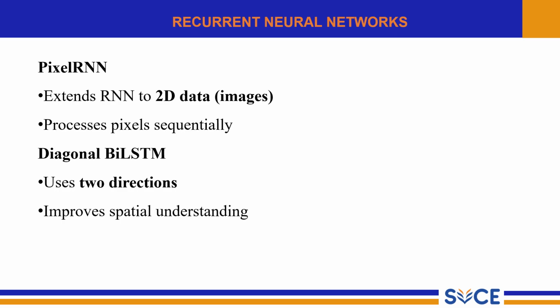Each pixel is influenced by a richer set of neighboring pixels, allowing the model to better understand spatial relationships such as edges, shapes, and textures. This dual-direction processing significantly improves the model's ability to represent complex image structure.